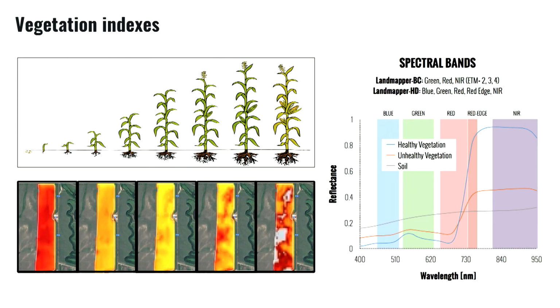NDVI is just an example of the vegetation indexes. There are plenty of them, and the reflectance of the green mass in the red and near-infrared bands allows us to see the greenness, the amount of green mass over the field, which at the end of the season translates into how much sugar or how much starch was produced for this given field.